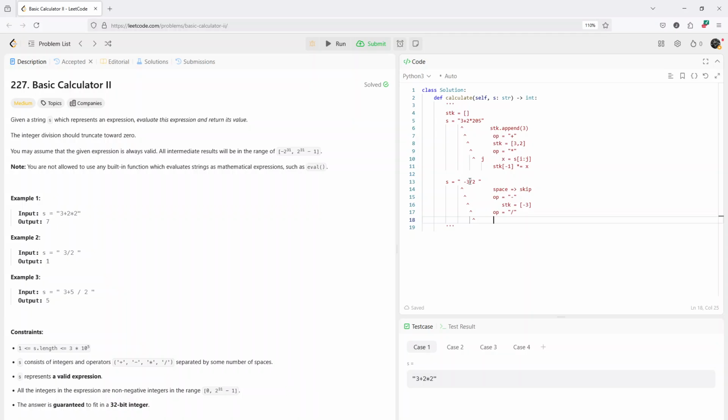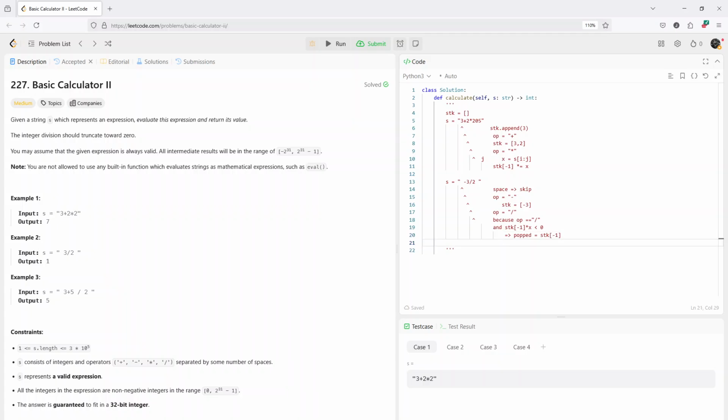So 3 divided by 2 rounded down becomes a 1, and we've got this negative here. Again, we want 3 divided by 2 to be rounded down to 1 and then have the minus at the end. So what we could do is, because op equals division and stack of minus 1 times x is less than 0, so it's negative, we'll do popped equals stack of minus 1.